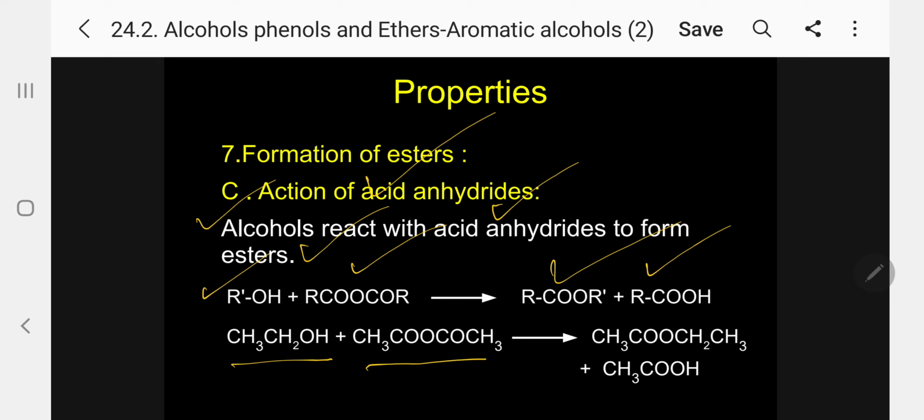This is acetic anhydride. This is the normal form. Kindly follow. When you treat acetic anhydride with ethyl alcohol, we get ethyl acetate, and acetic acid is produced. Please follow.